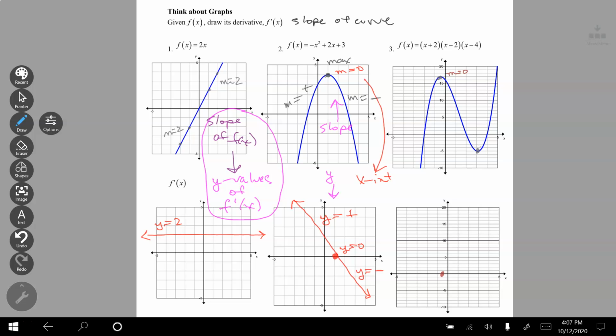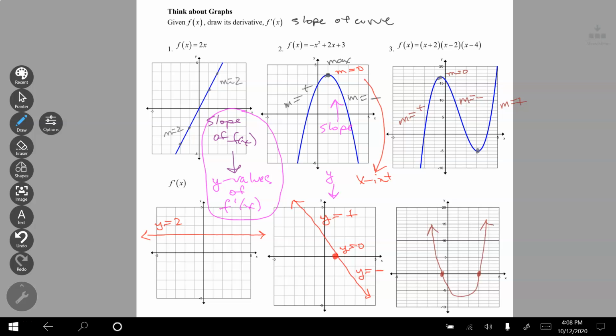It looks like 1, 2, 3. X equals 3. I'm going to put another x-intercept right here at x equals 3. If I pay attention, this slope here on the first part is uphill. This part is going downhill, and this last part is going uphill. So to me, I need something that has positive y's, 0, negative y's, 0, positive y's. So it looks something like this.